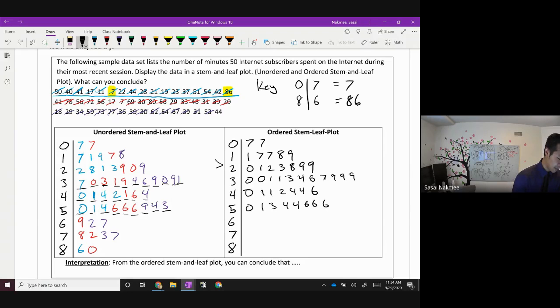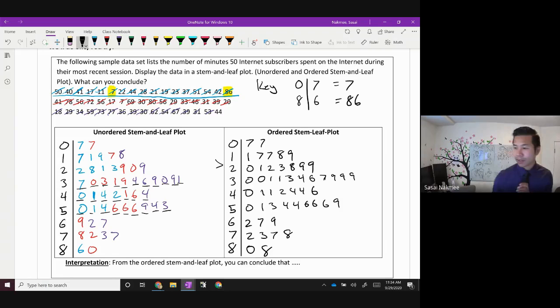And a 9. And a 9. Next one up for the 60s, we got a 62, 67, and a 69. 70s, we got 72, 73, 77, and 78. And we have an 80, and we have an 86.